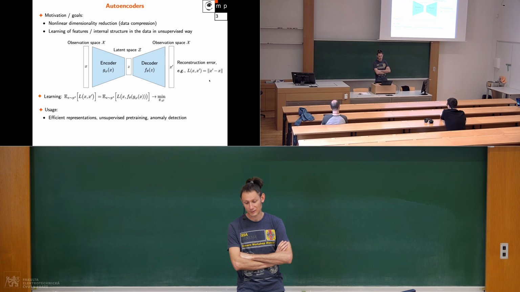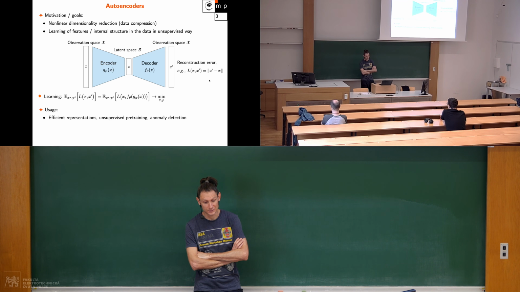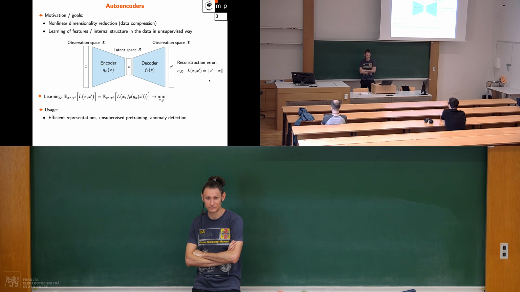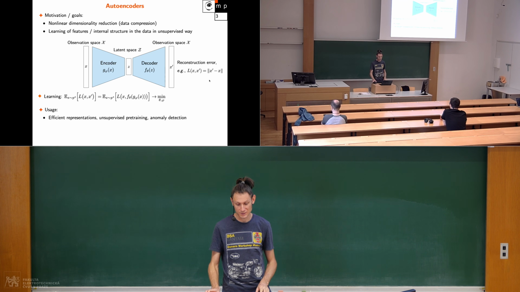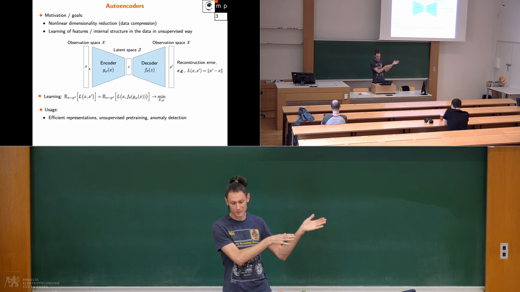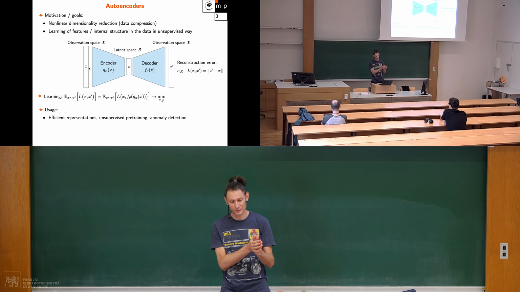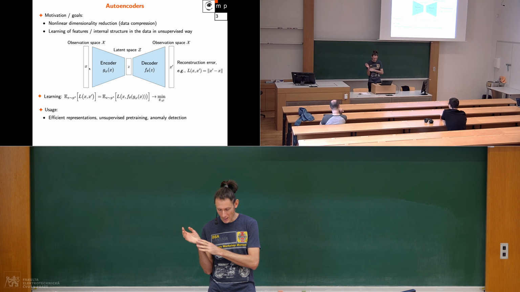Also, quite interestingly, this has been used for things like anomaly detection or out-of-distribution detection. One possible way to do this is that you take the input image, you encode it, and you decode it.